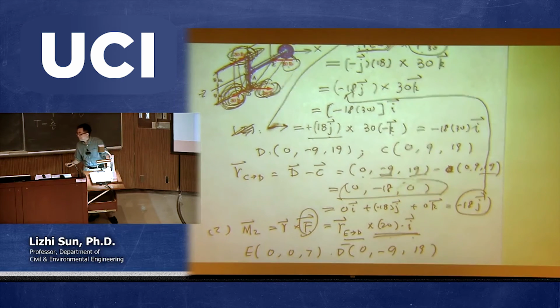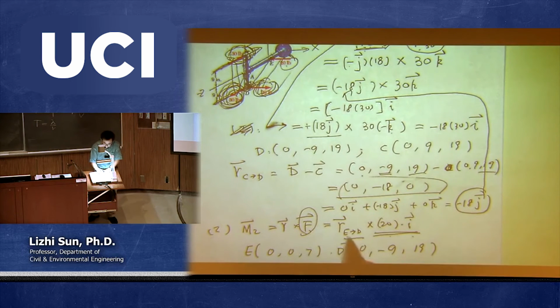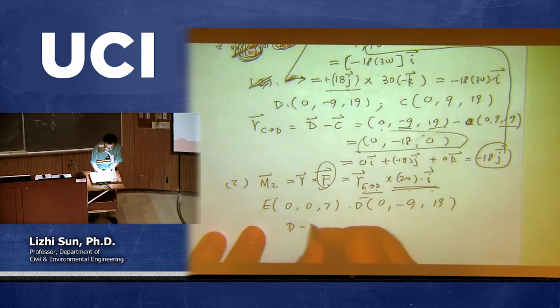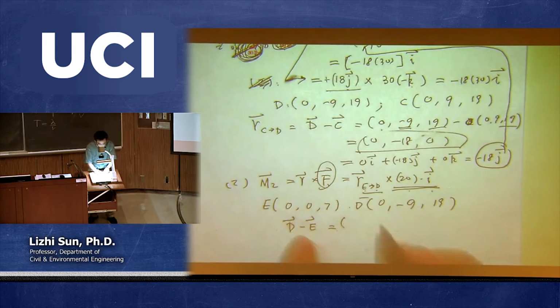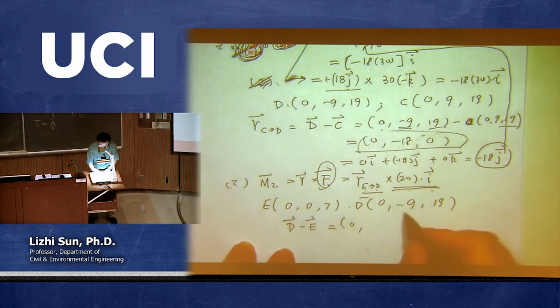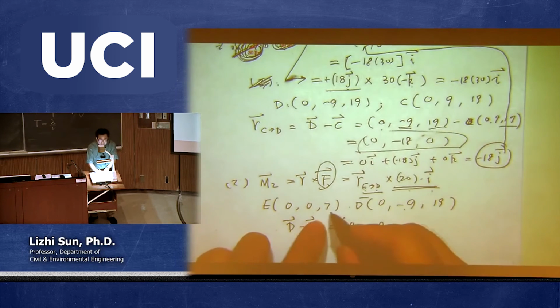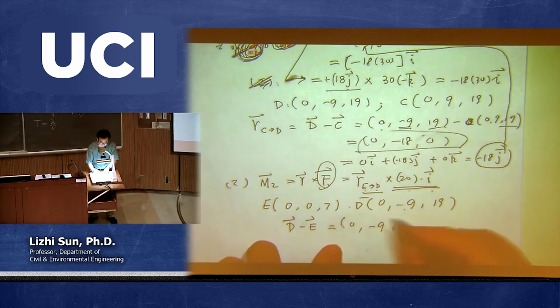Okay, so now I do the math. E to D. E to D means what? D subtract E. So let's do D subtract E. 0 subtract 0, 0. -9 minus 0, -9. 19 minus 7, 12. Which is 0i, -9j plus 12k.